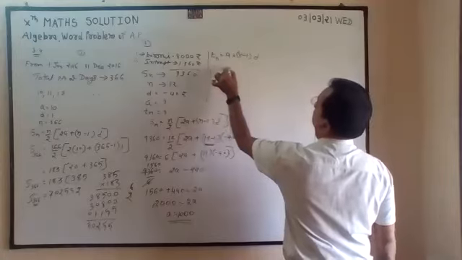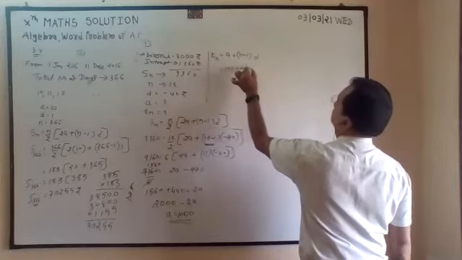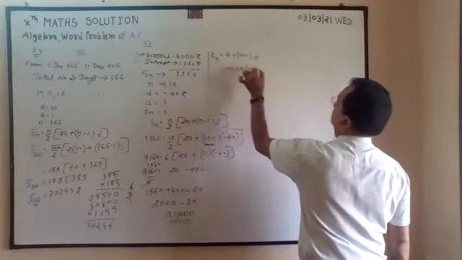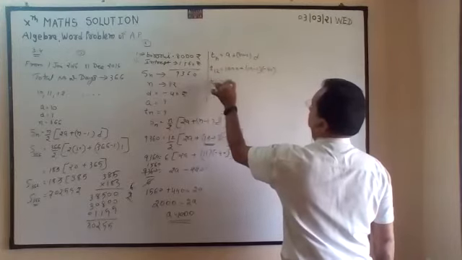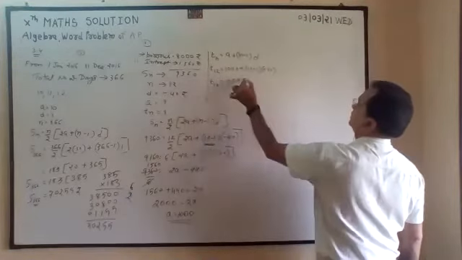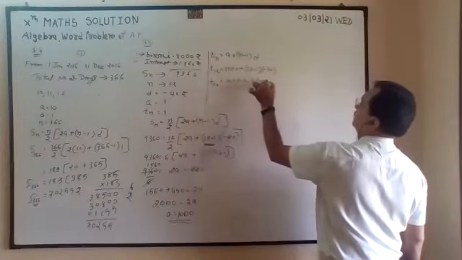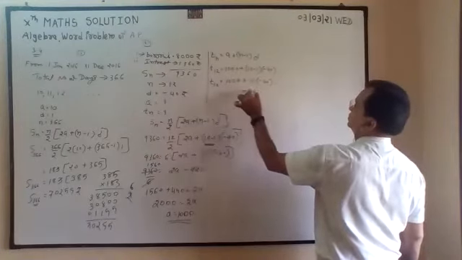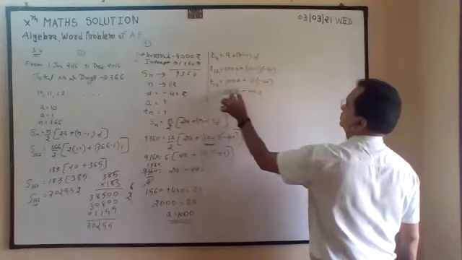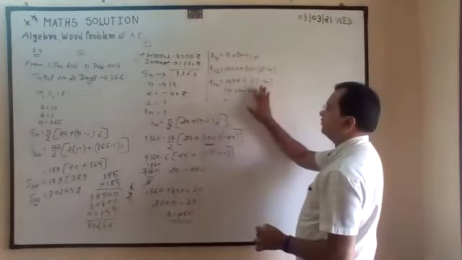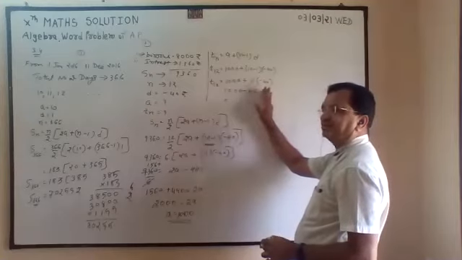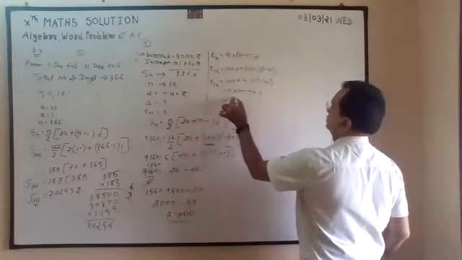The last installment, the 12th installment: 1000 plus 11 times minus 40, so minus 440. 1000 minus 440 is 560.